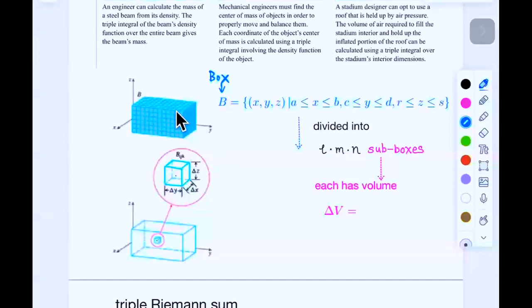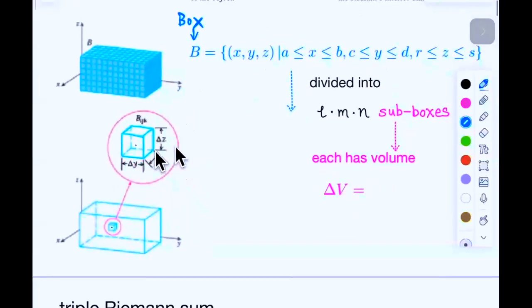Now we're going to divide this into l times m times n subboxes. Here is one particular subbox, and each one of these has a volume delta V. What is the volume for this subbox? Delta x times delta y times delta z, right?